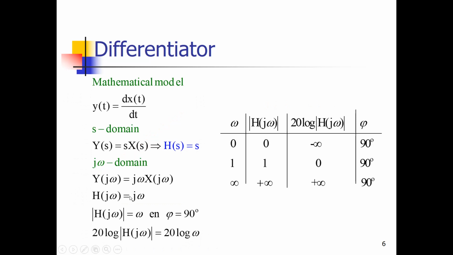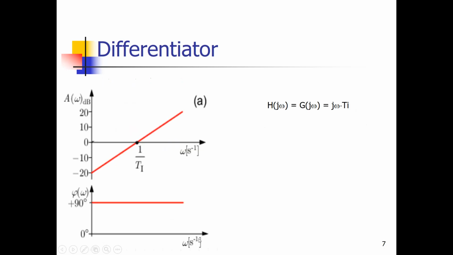And when we go back to this expression, we see that when omega increases with a factor of 10, then 20 times the log of my amplitude increases with 20 dB. So we say for a differentiator, the amplitude increases with 20 dB per decade. And a decade is an increase in frequency with a factor of 10. So we get a line like this, which increases with 20 dB per decade. We've also seen that the phase is always 90 degrees for all frequencies.